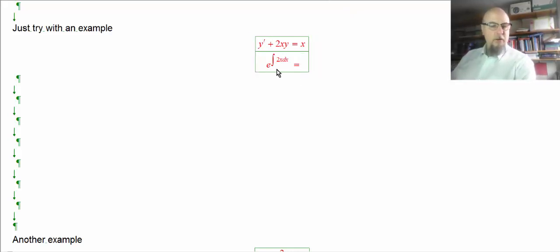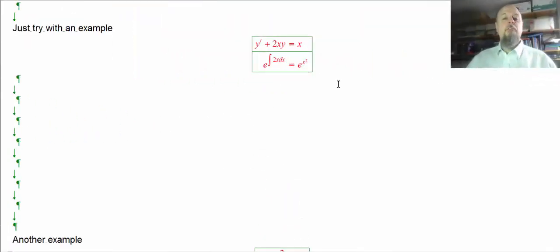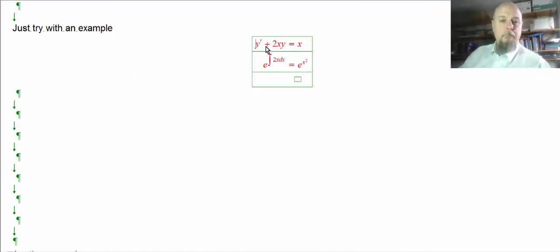So that's the integrating factor. Let's simplify it. I'm integrating that 2x with respect to x, so that's just e to the x squared. So our integrating factor, e to the x squared, that's what we're going to multiply all three pieces by.